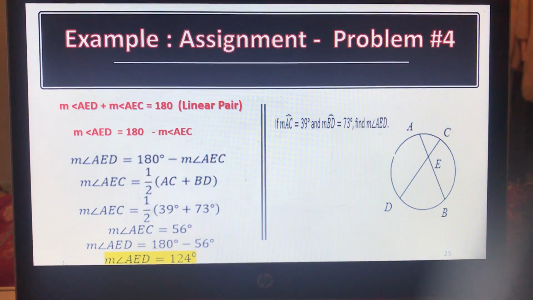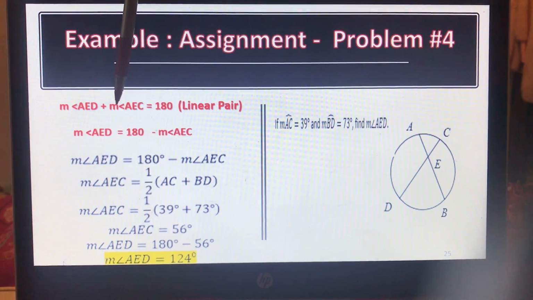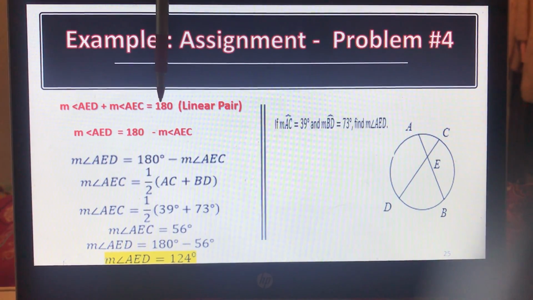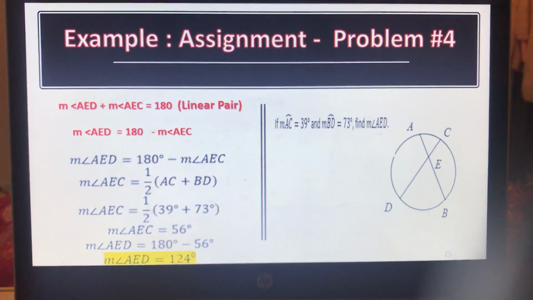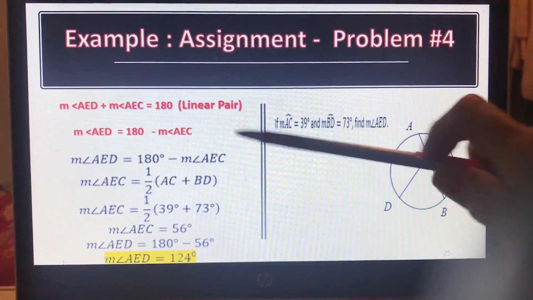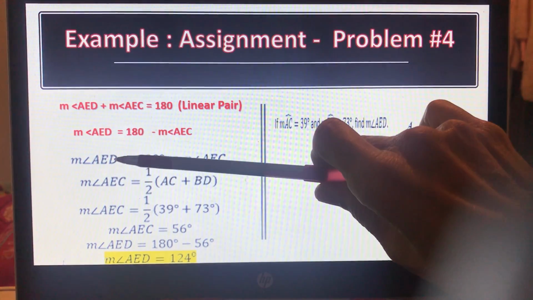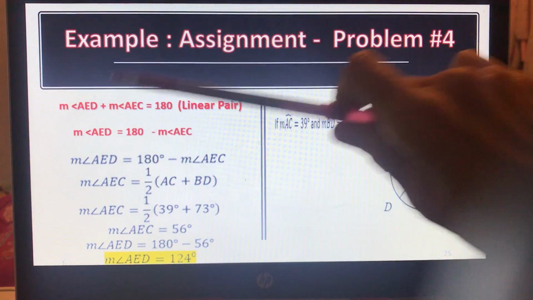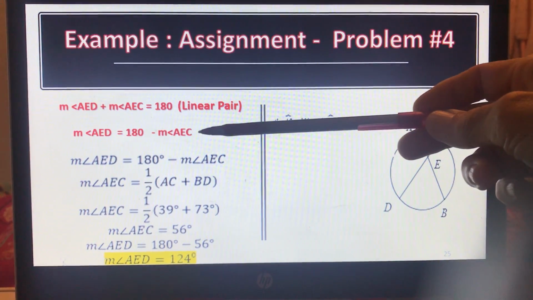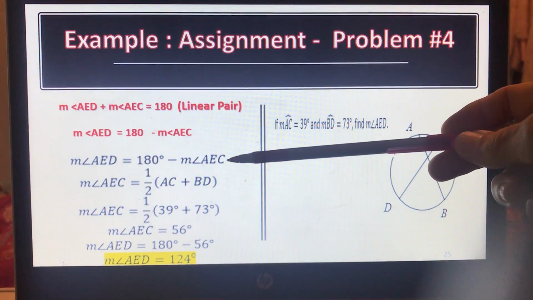Now, solving for the measure of angle AED, it's going to be equal to 180 minus the measure of AEC. So if we substitute in our equation, the measure of angle AED is going to be equal to 180 minus the measure of angle AEC.